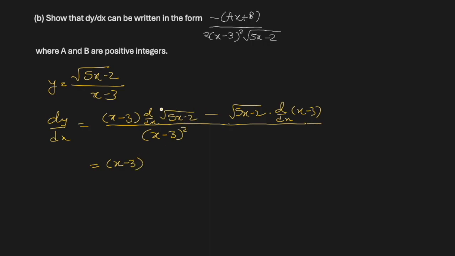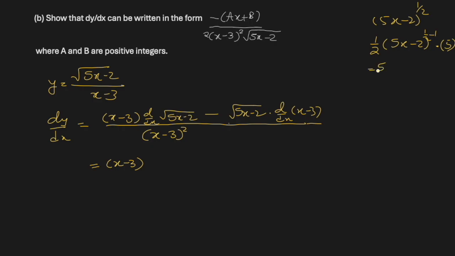Now the differentiation of 5x minus 2 to the power half, because square root is the same as exponent half. To differentiate this, half comes in front and the exponent goes down by 1, so half minus 1. Further we multiply by the differentiation of what was inside, which is just 5, because the differentiation of minus 2 is 0 and of 5x is 5.